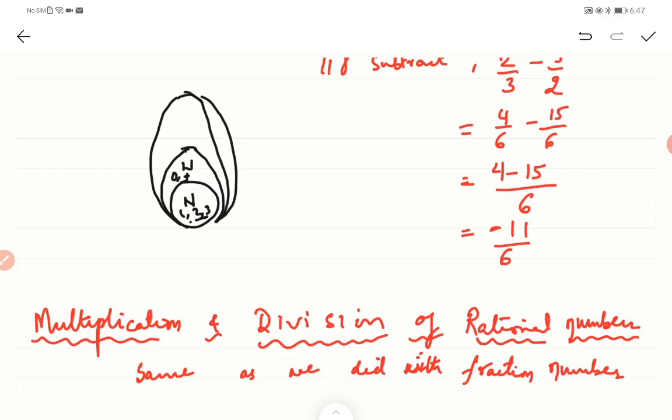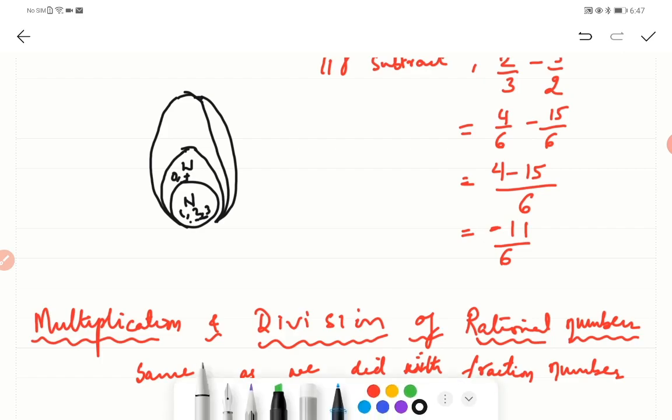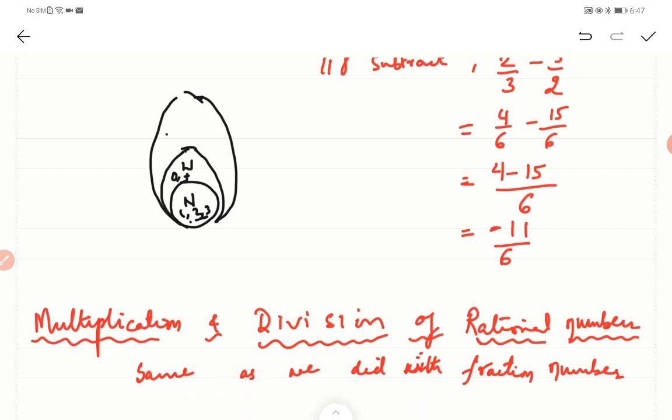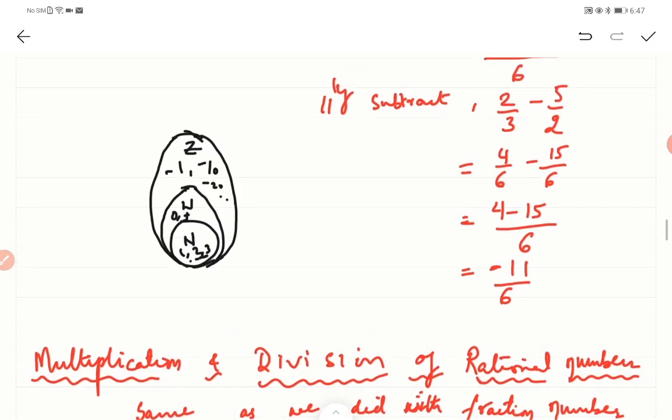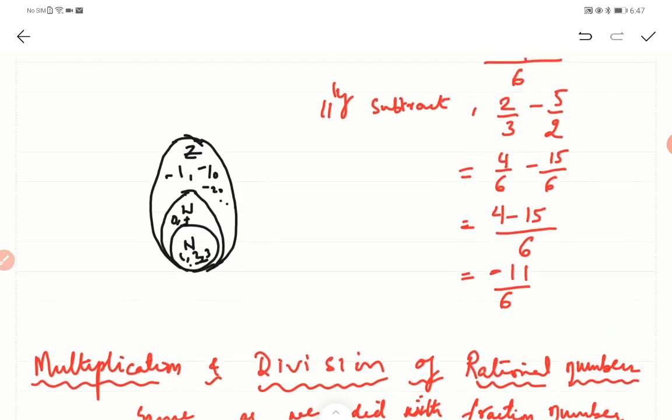So after that we had seen your integers. Integers include whole numbers or natural numbers, along with that, what do you have? Integers have negative numbers, right? Minus 1, minus 10, minus 20, and so on. So integers are represented by Z. Now you have a set of some numbers to make it a bigger set, that is fractions.